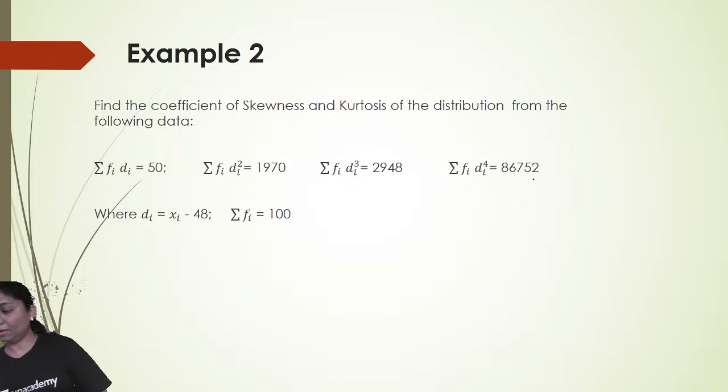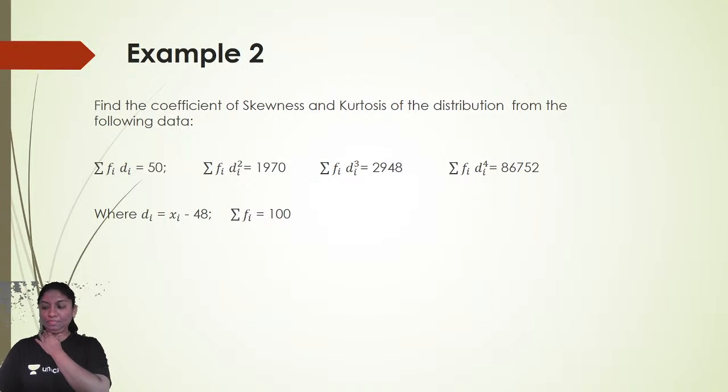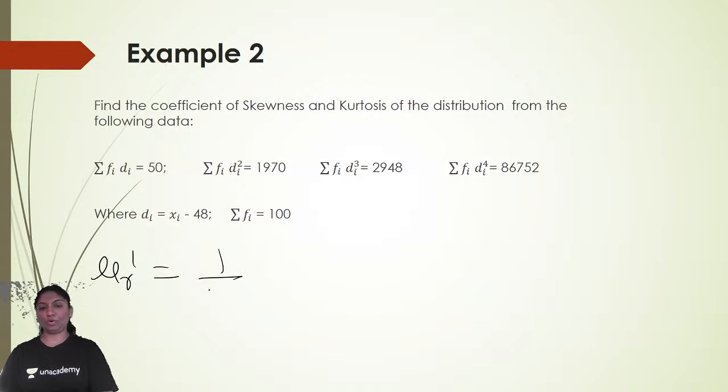See, here we will use the formula for mu r dash, because moments about any point are not given. Okay, so we know that for moments about any point A, the formula for mu r dash is equal to 1 upon n summation of fi di raised to r.